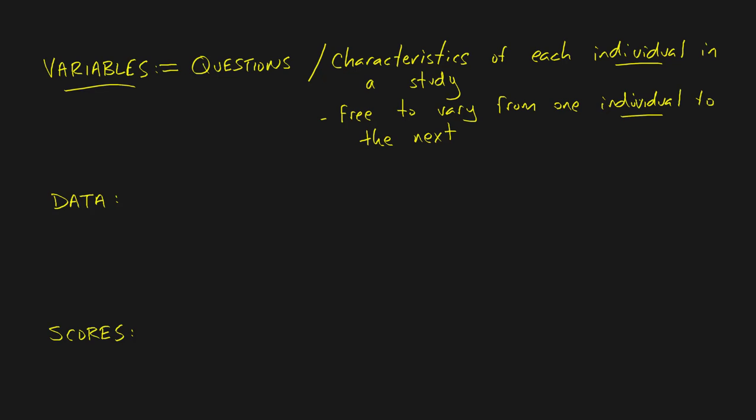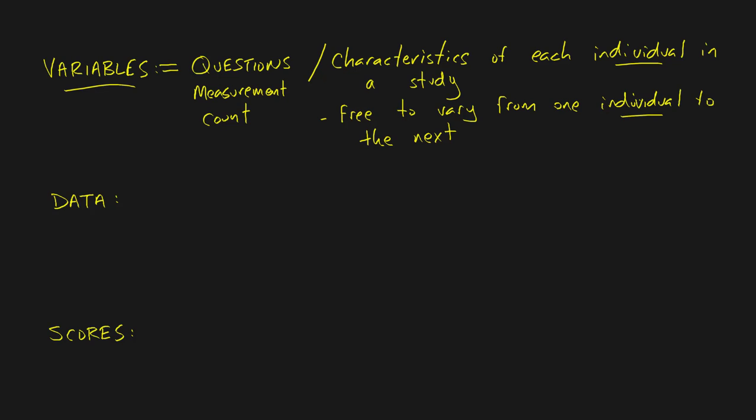So you can think of any question, or any measurement, or any time you're doing a count. Anytime you are recording data for each individual, you're going to be identifying their value for one particular variable.